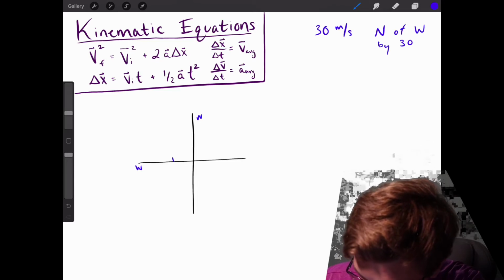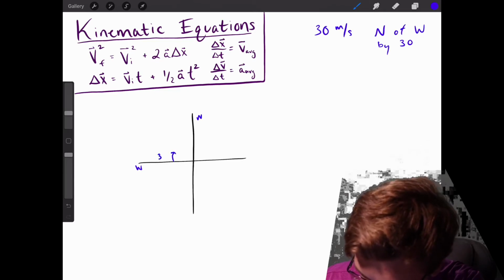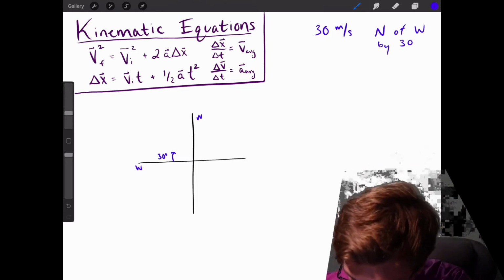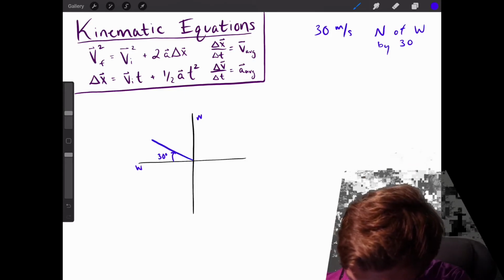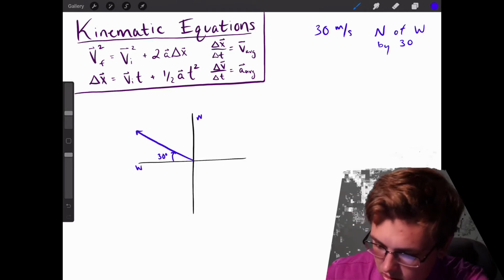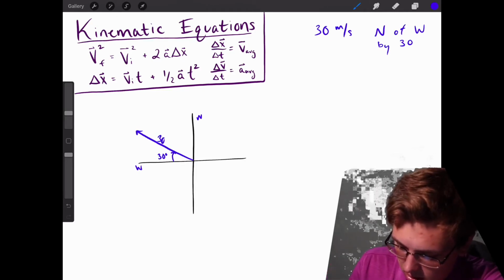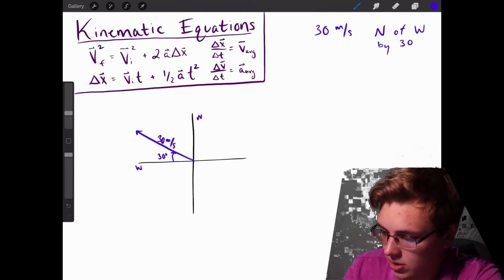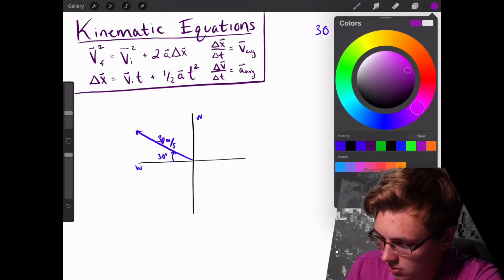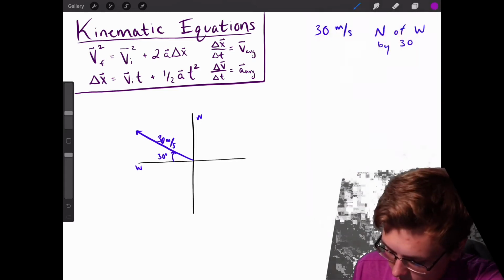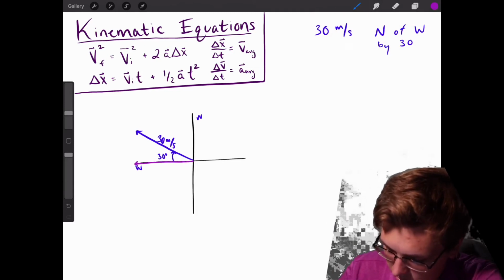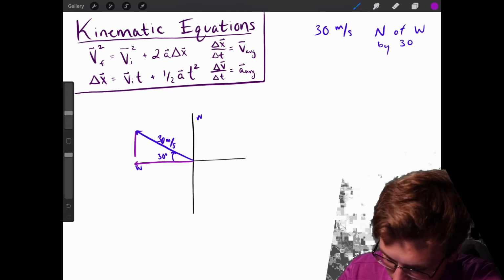So we go up 30 degrees north of west. And we draw a corresponding arrow, 30 meters per second. So we know that our components here are to the left and up.